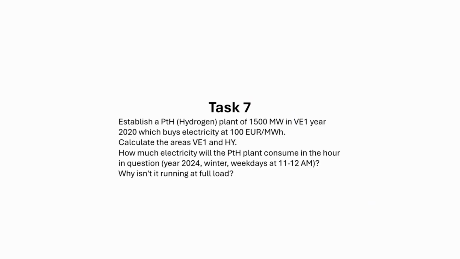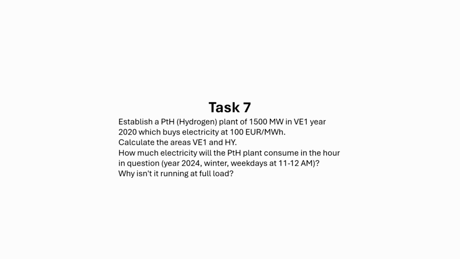We continue with exercise number 7. Here we should establish a power to X based on hydrogen plant of 1500 megawatt at V1 year 2020. And we should also assume that this unit here will buy electricity at a maximum price of 100 euro per megawatt hour.